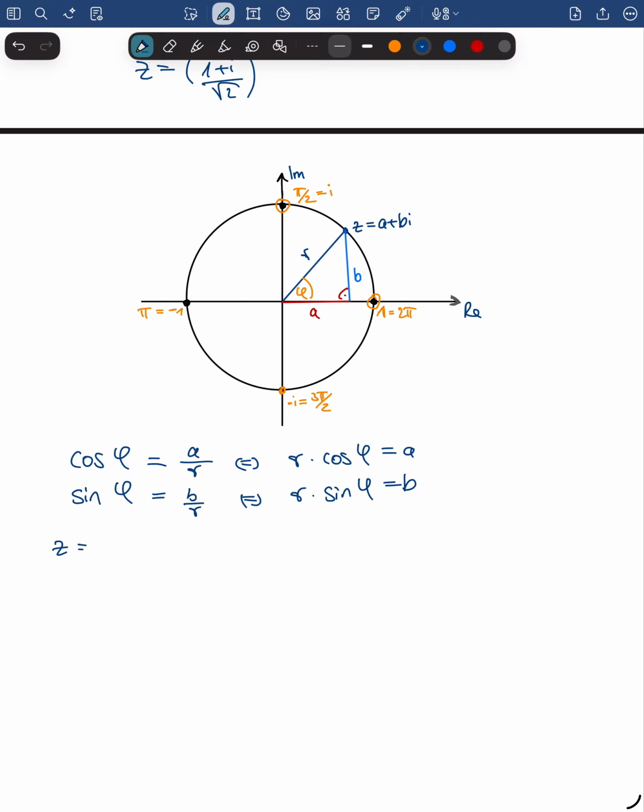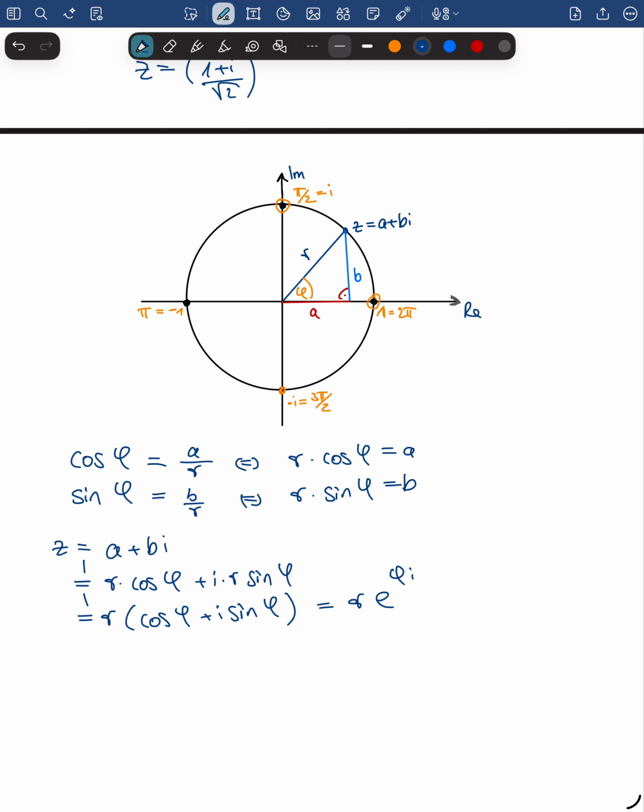Now we look at the complex number z, which is a plus bi, and this can be written by substituting our a and b: r times cosine of phi plus i times r times the sine of phi. We can take r out, and we have this representation. This is nothing more than r times e to the power of phi i.